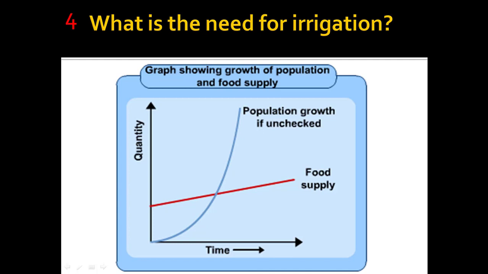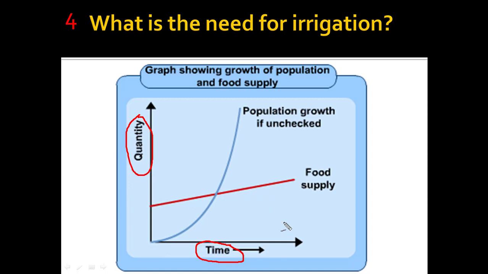The fourth important reason behind the requirement of irrigation: to suffice the need of a growing population, we need a lot of food supply. As you can see in this graph, the x-axis represents time and the y-axis represents quantity. The blue curve shows the population growth. It is unchecked. The red line represents the food supply.